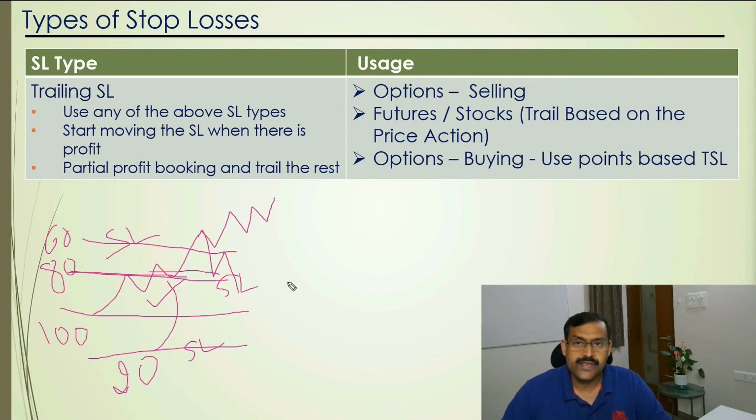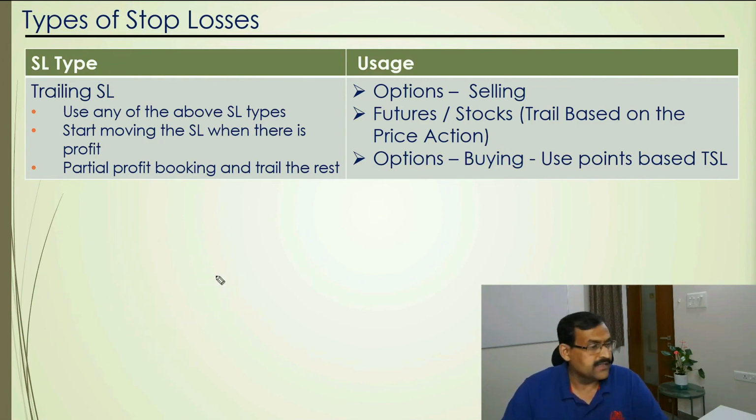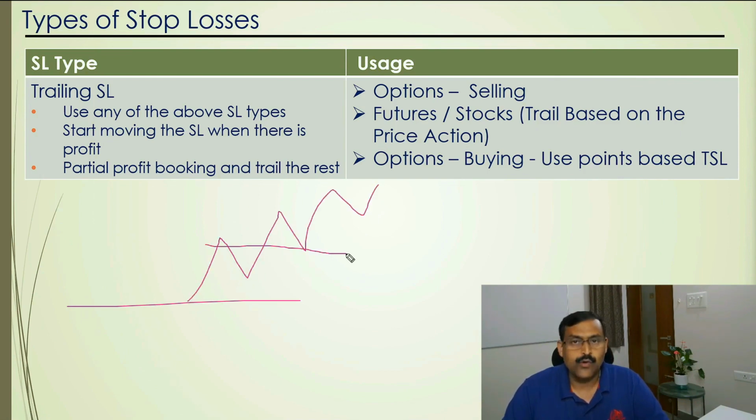Similarly, you can do it for the short position. And this type of stop loss can be used for option selling, futures, stocks, and for futures and stocks, you can of course do the trailing based on the price action also. Say for example, you can keep shifting to the next support level or the swing low. For the option buying, you can of course use the points based trailing stop loss.